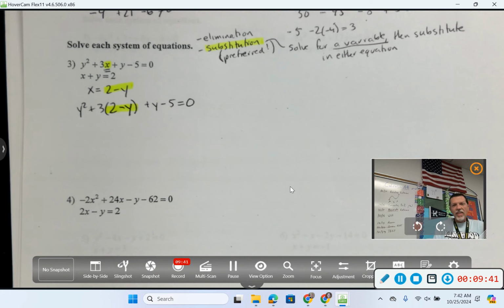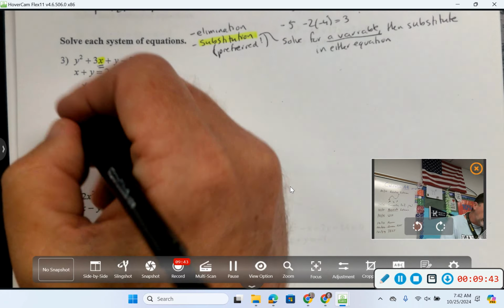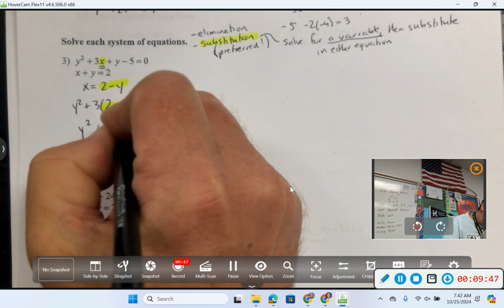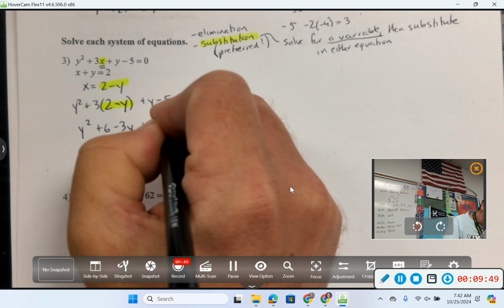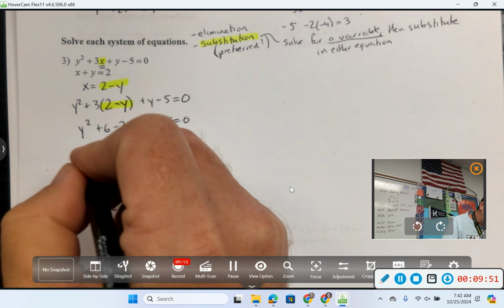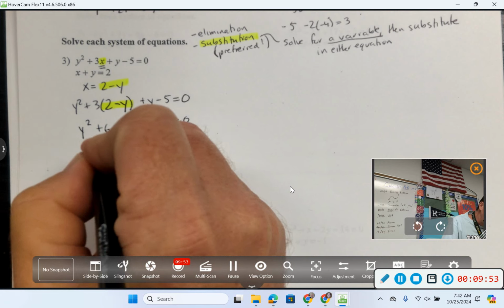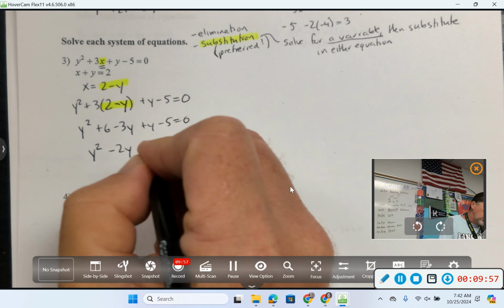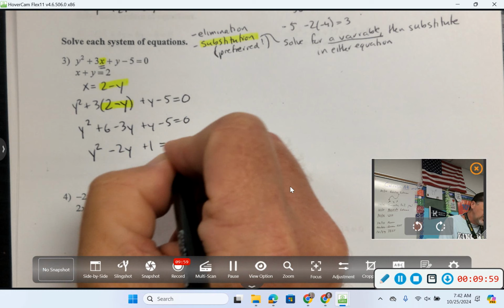Okay, that's, I think, the hardest part of the problem. Now it's just algebra. Hope that it factors. Of course, we can handle it if it doesn't. y squared minus 2y plus 1 equals 0.